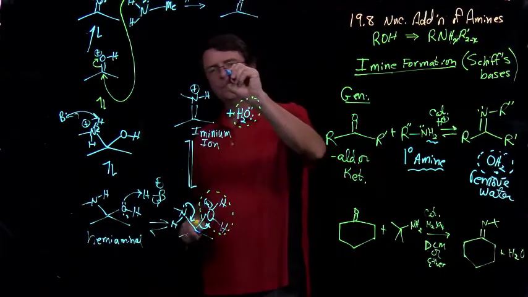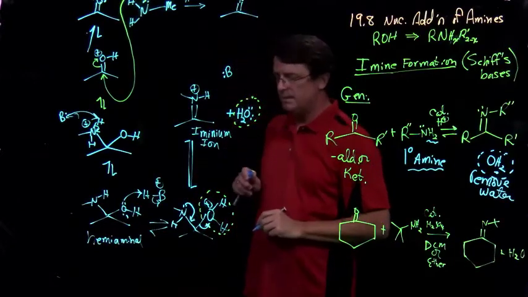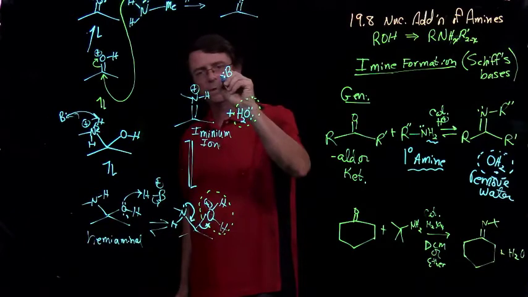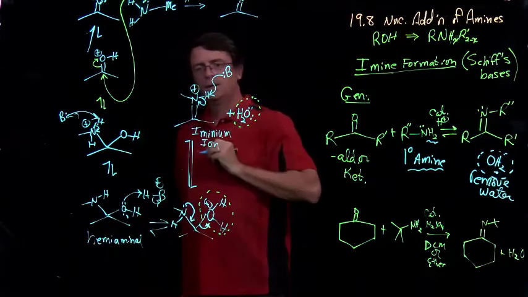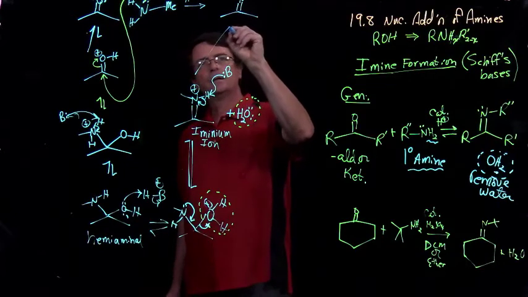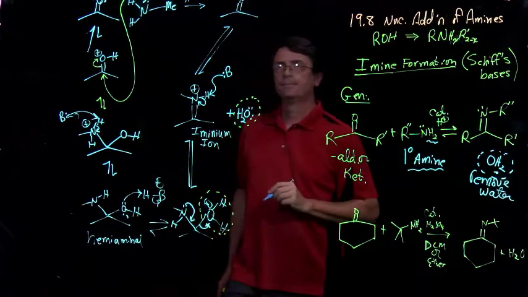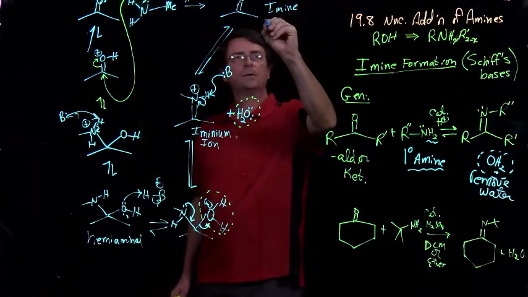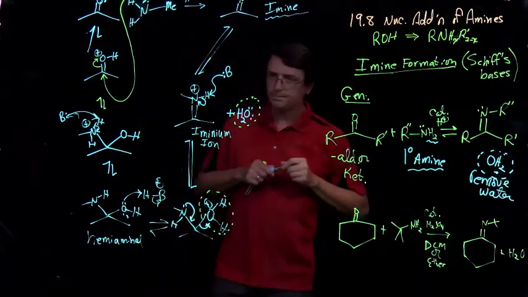And now what we have left in our mechanism is we need a conjugate base, water, amine, counterion. It doesn't matter what that amine base or that base is for our purposes. And we deprotonate that to produce the imine. Remember, this is called the Schiff's base also by the biochemists.